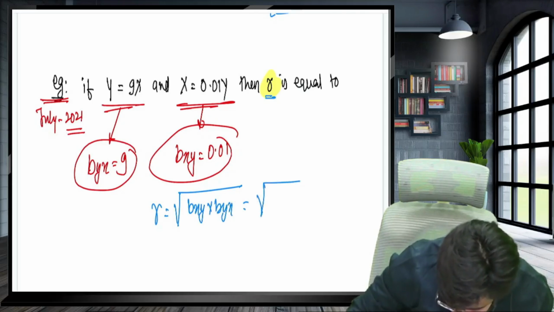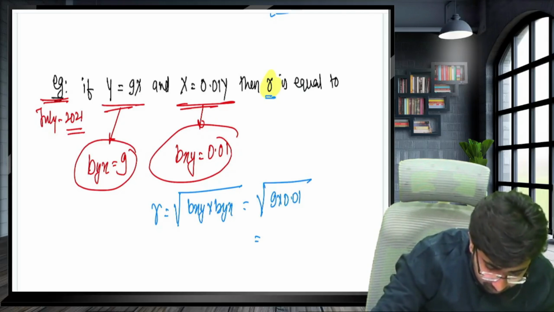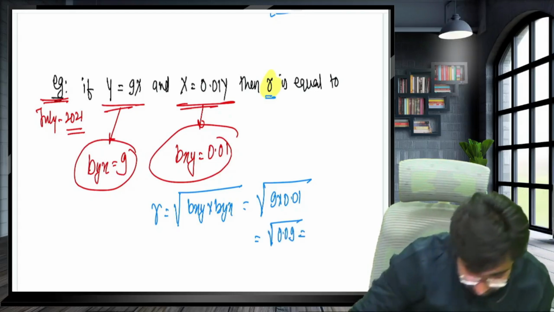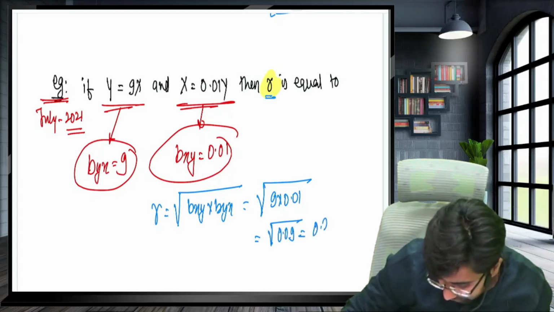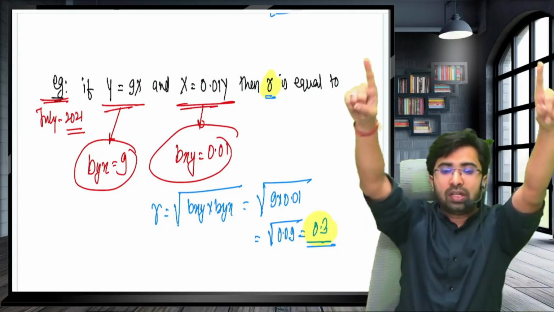That is under root of 9 multiplied by 0.01, under root of 0.09. Take it 0.3. Guys, is this point clear or not?